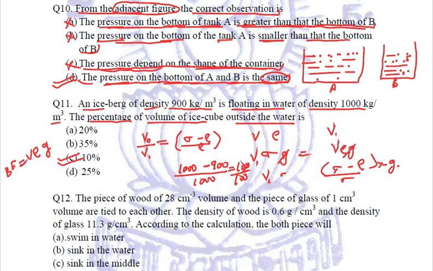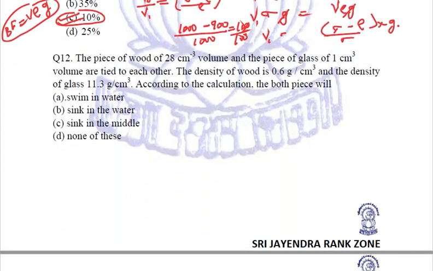This is what we need to relate. So first of all calculate what is the upward force, then try to relate the ratio of volume outside and inside, and after that it is just simple calculations with which you can relate the answer, which comes out to be 10% in this particular case. Clear? Coming to the next question.